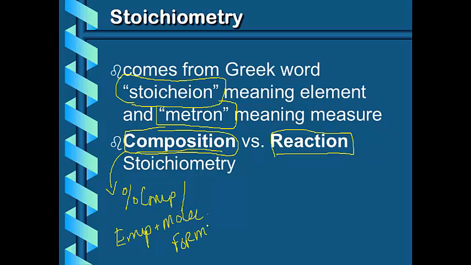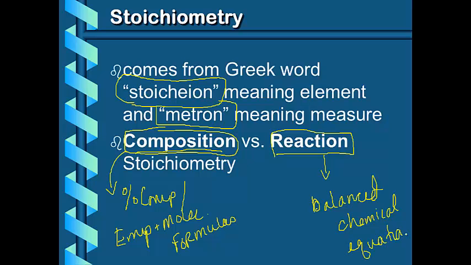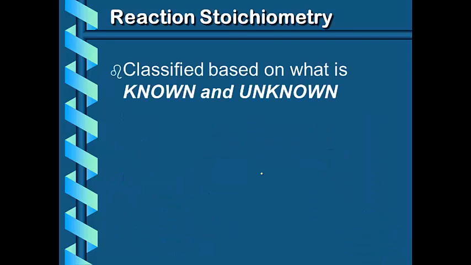So this is when it's static, when you're simply using the ratios of a compound to figure out what percentages different elements are, as well as figure out the formulas. Reactional stoichiometry is when we're going to use a balanced chemical equation. That's what's going to be the difference here.